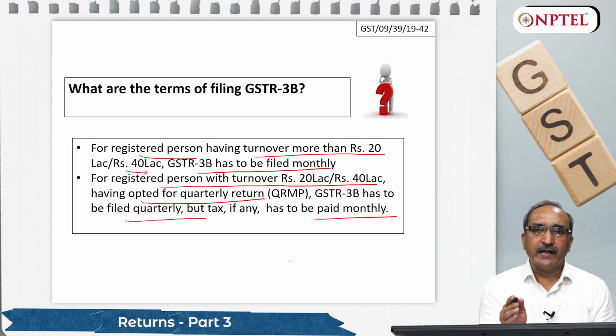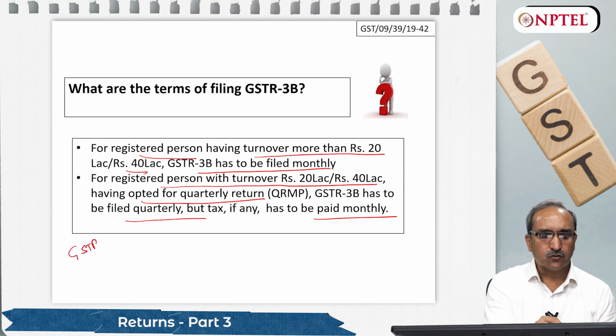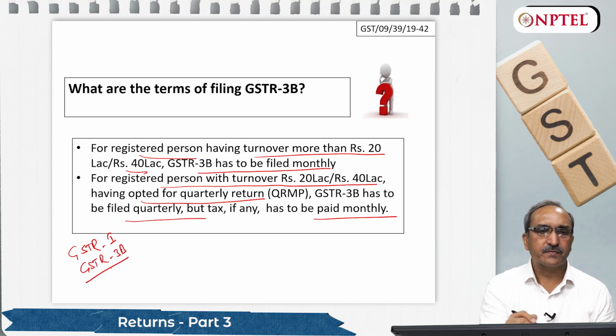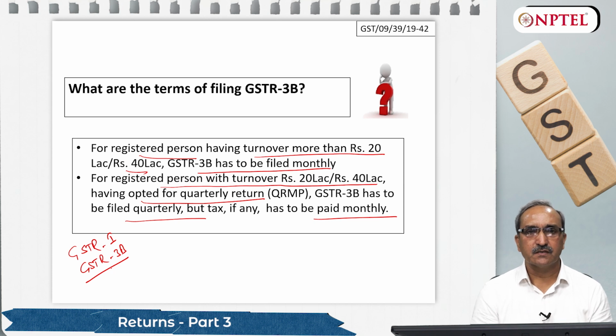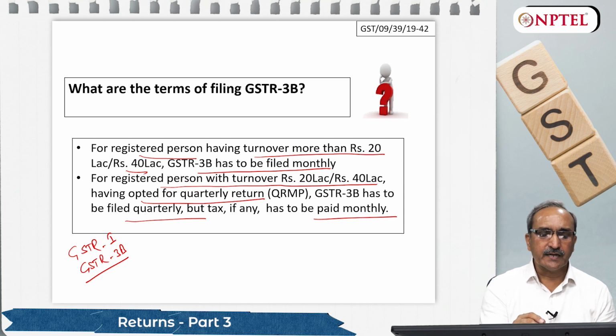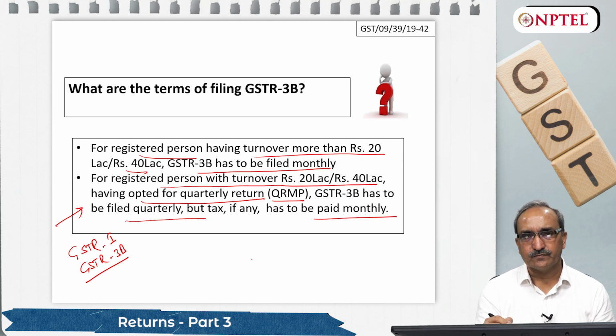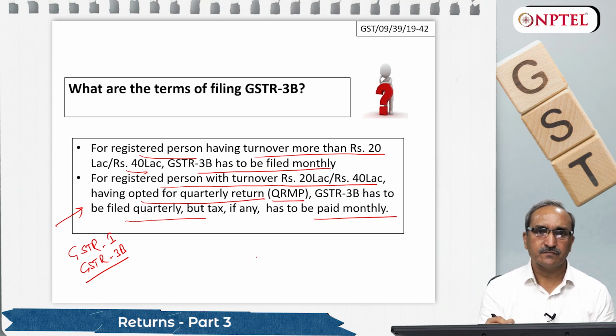So for filing of returns we have mainly two main returns under GST, that is GSTR 1 and GSTR 3B. These are our monthly returns. But to facilitate the trade and industry, to give ease of doing business to the trade, government has given another option of QRMP for small traders.